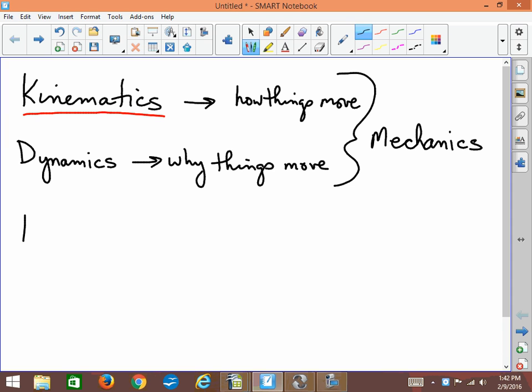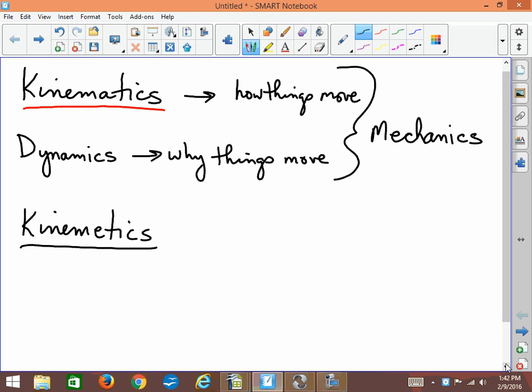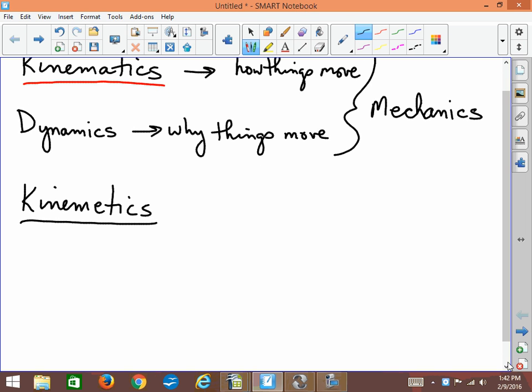If we were to start with kinematics and talking about how things move, we would see some very familiar words or terms show up. If you were to imagine something rolling along or moving along, you could talk about the distance that it travels. Distance is a thing you could measure. You might also measure how fast it moves, so speed.